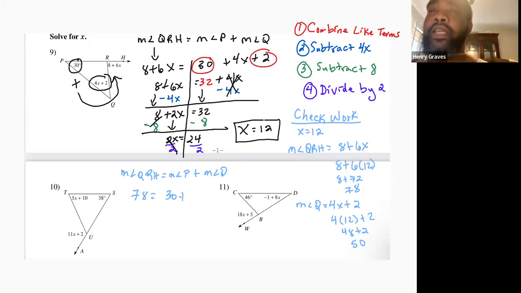Let me see, what mistake did I make? 8 plus 6x. Oh, 72 plus 8 is not 78, it's 80. Man, my idiot self. 80, there we go. So that should also change to be 80. There we go. And yeah, it works out right. 80 is equal to 80. So our work checks out perfectly. Really cool stuff. So yes, that's how we do those ones.